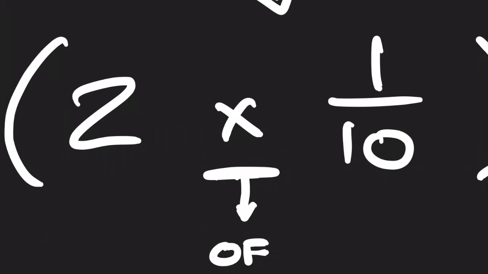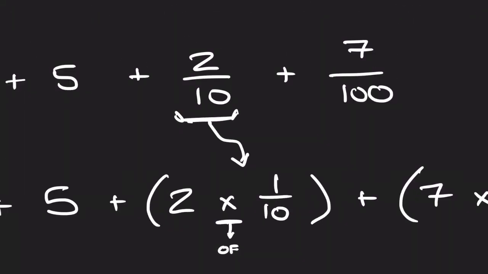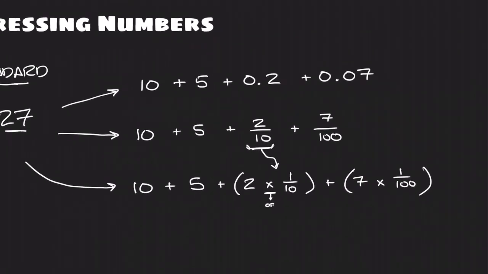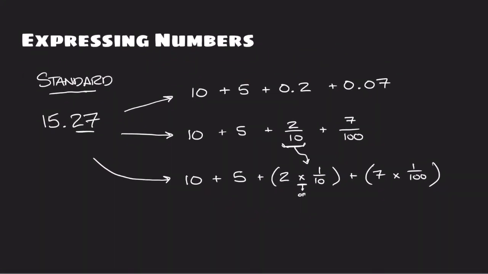You have 2 groups of this. And so when you back up and you look at that and you say 2 groups of 1/10, well, that's what 2/10 is. And so what that expanded notation is, we're taking that 2/10 and we're breaking it apart. But these are the 3 ways that we're going to take a look at expanded form with decimals. And so just my advice here is to get the practice and to slow down and look, does it make sense?